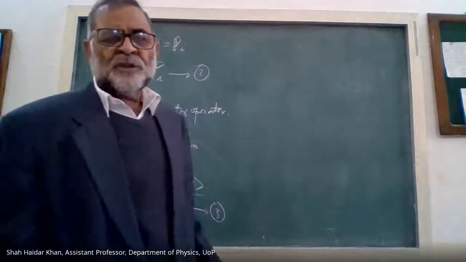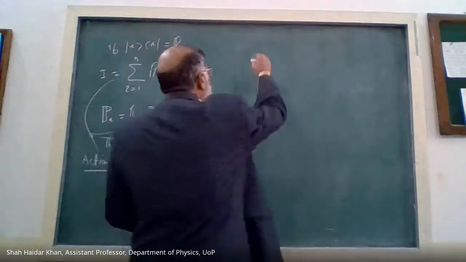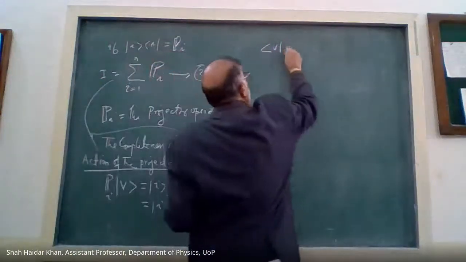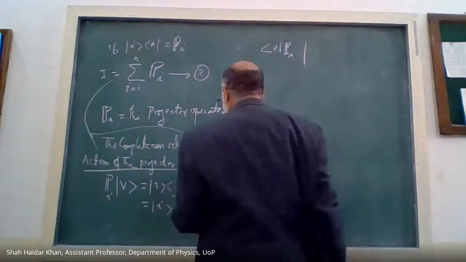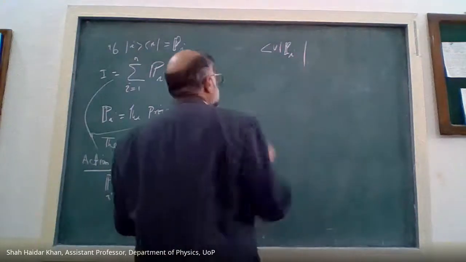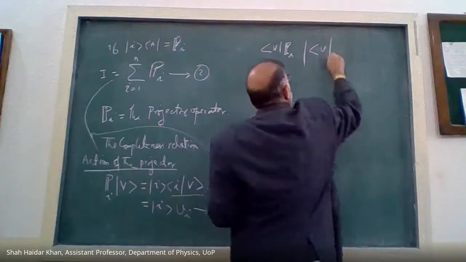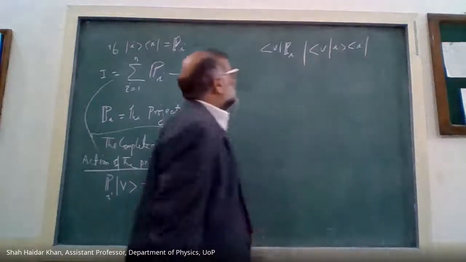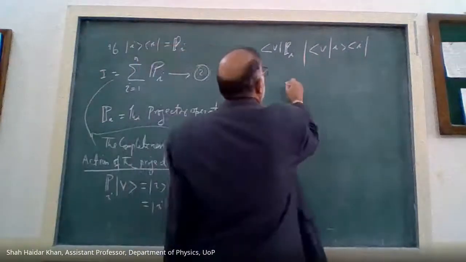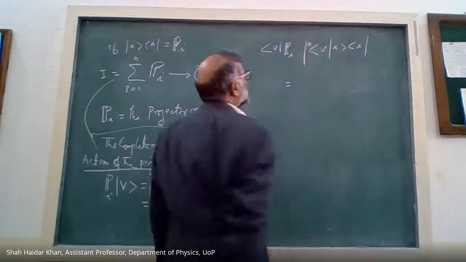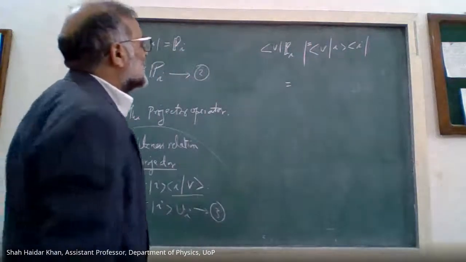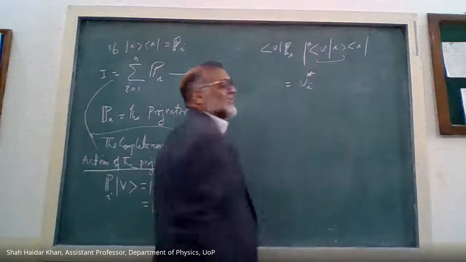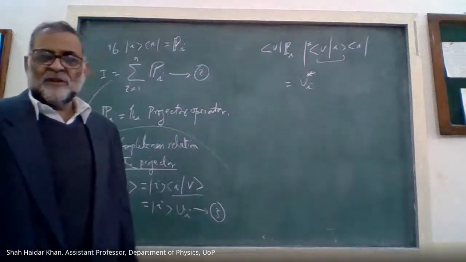Similarly, a projection operator can work on a bra. If we have a bra ⟨V|, then P_i acts on it, giving ⟨V|i⟩⟨i|. We know that this is equal to ⟨V|i⟩, the complex conjugate of ⟨i|V⟩.